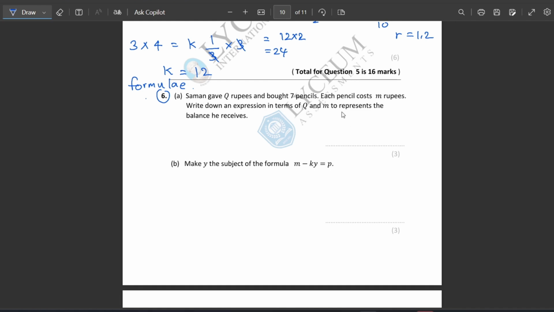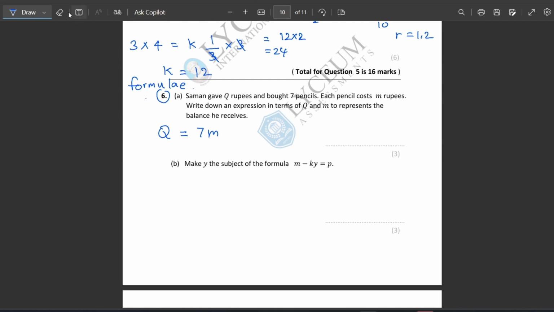So question 6 is: someone gave Q rupees and bought 7 pencils. Each pencil costs 10 rupees. Write down the expression in terms of Q and M to represent the balance he receives.